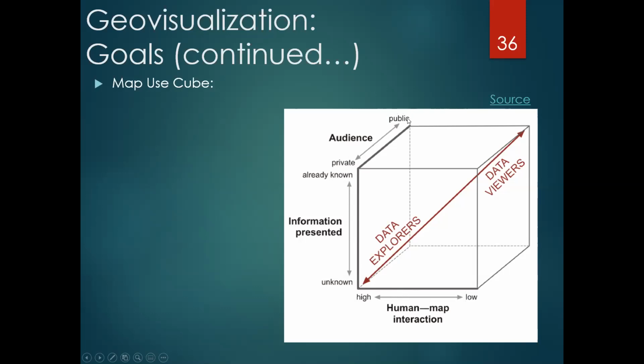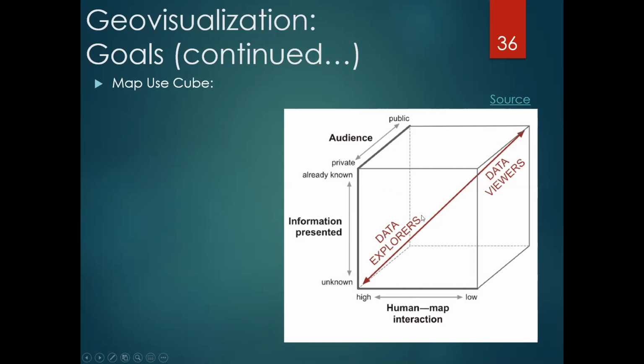Remember that the geovisualization could be only for yourself or a small group of people, or it is published for the general public. Okay, so when you have finished a geovisualization, you can use these three dimensions to find a specific location within this cube, within this three-dimensional space, right? You can quantify or simply choose a position for interaction, another position for information presented, and another position for audience.